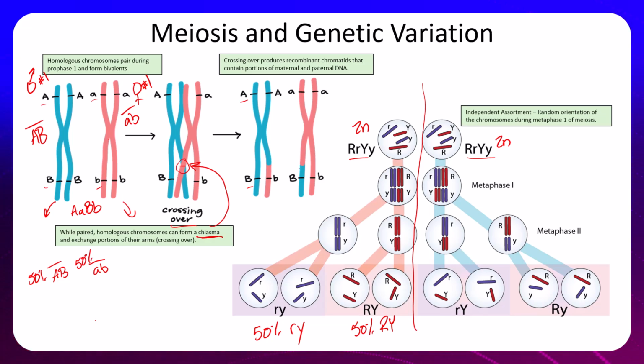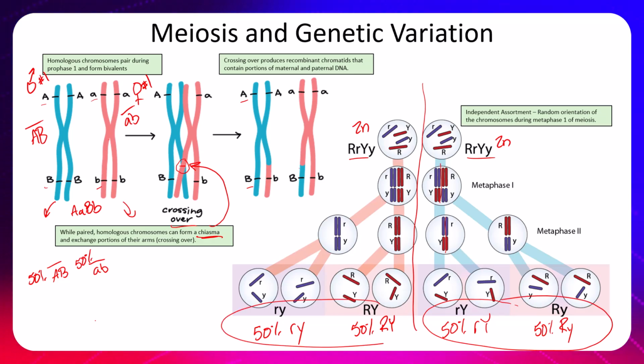When you go through meiosis 1 and then through meiosis 2, now based on the way they lined up and the way they separate, you get 50% little r big Y and 50% big R little y. These 2 options are different than these 2 options, and the only reason they're different, meiosis is the same. The way they go through their reduction division is the same.